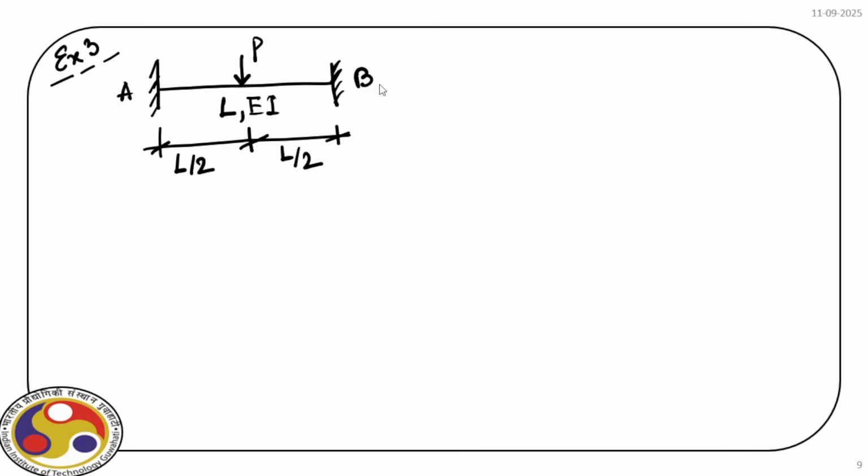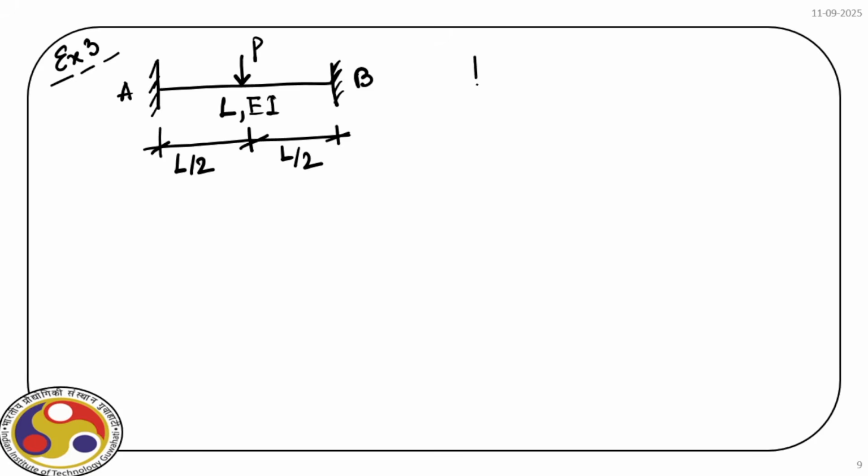Now you can see the boundary condition tells us that the displacement at the end B is 0. Also, because we have a fixed support, rotation at this end is also 0. So what we can do, we can actually redraw this structure.